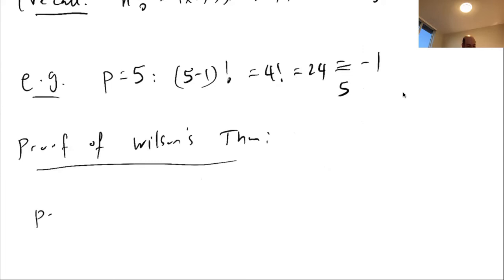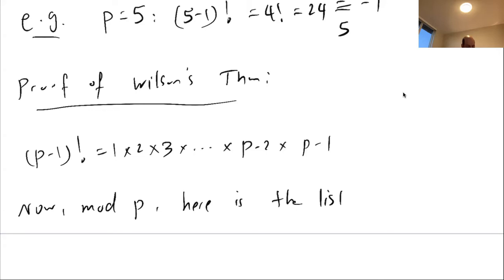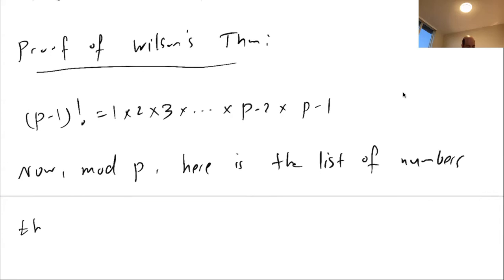So P minus 1 factorial means 1 times 2 times 3 all the way to P minus 2 times P minus 1. So mod P, here is the list of numbers that we need to multiply.